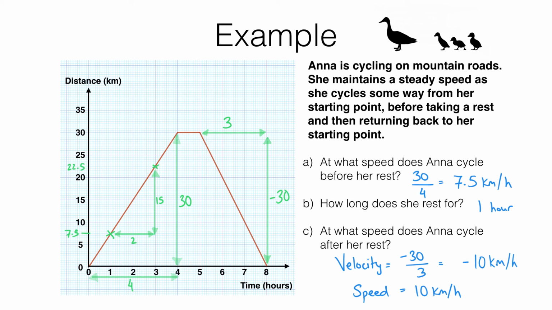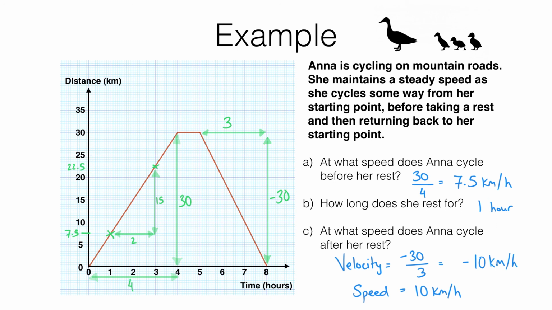Before we finish, let's go back to part A. What did we actually work out here? Is this a velocity or a speed? Well, actually it's both. If we think of the gradient, what we actually do when we find the gradient is find the velocity. And in this case, we have a velocity of positive 7.5 kilometers an hour. Now, a speed is going to be what we get when we just ignore the sign of the velocity.